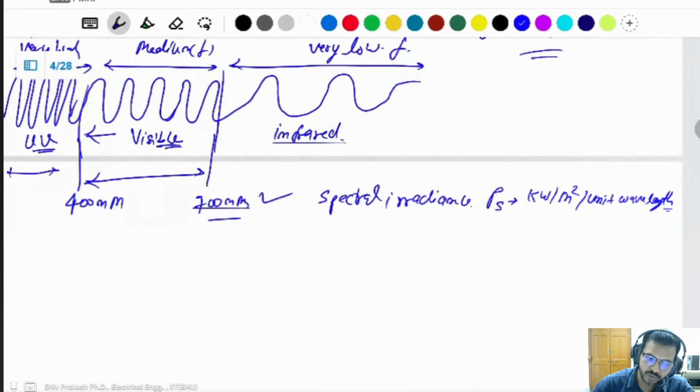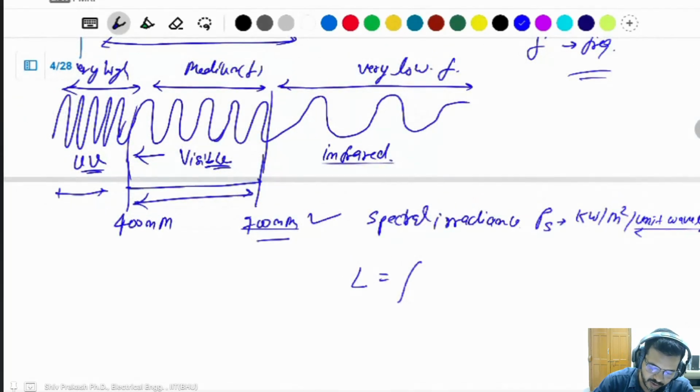If you want to calculate the overall insolation, then simply integrate this because of the per unit wavelength. Then you should integrate between this one to this one for calculating the visible insolation. But here is the very small energy conversion insolation. This is also very small.